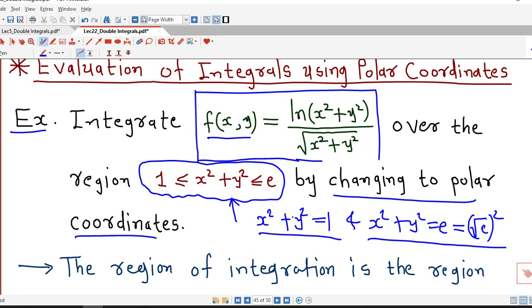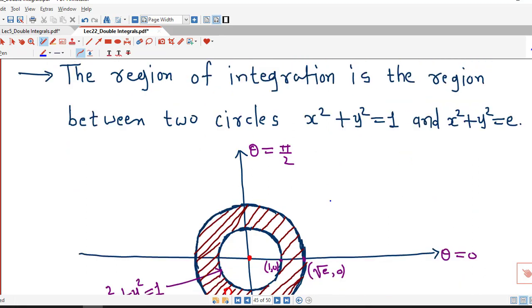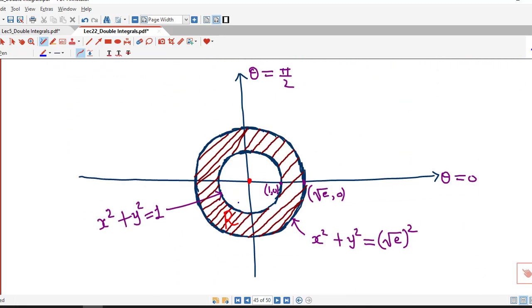First we have sketched these two circles in the xy plane. This inner circle represents x square plus y square equal to 1 and the outer circle represents x square plus y square equal to e or square root of e.